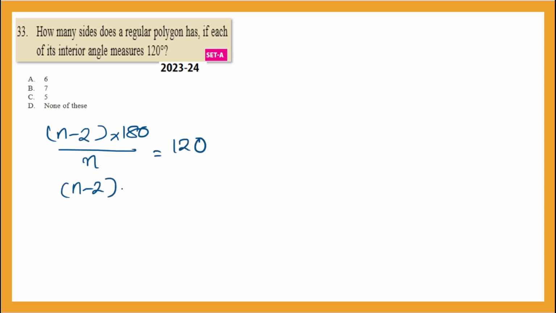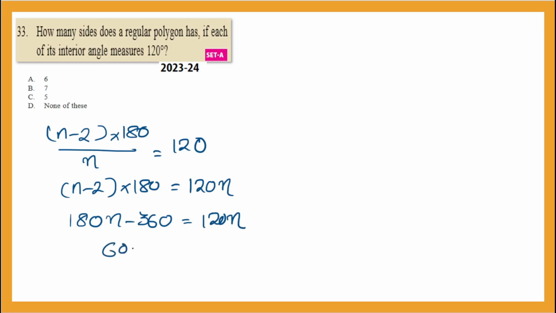Now n minus 2 times 180 is 120 n. Expanding bracket, 180 n minus 360 is 120 n. Now rearranging, 60 n is 360, n equals 360 by 60, that is 6.